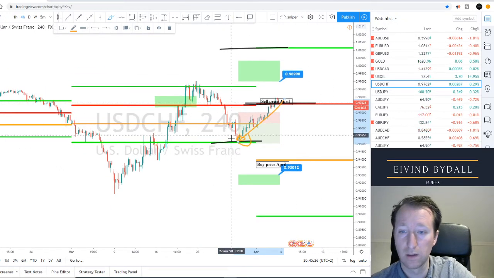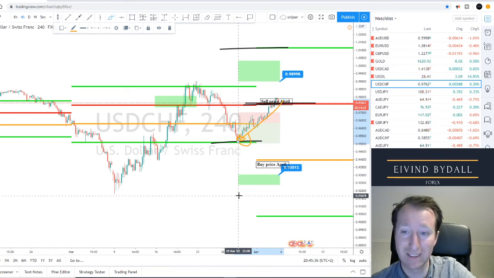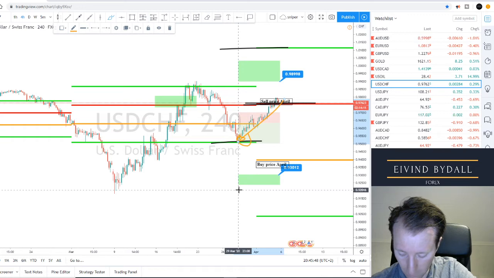But for this to go down, down, down, all the way down to 90.50, we need a fundamental change in the risk sentiment. And dollar weakness has to be out of this world.